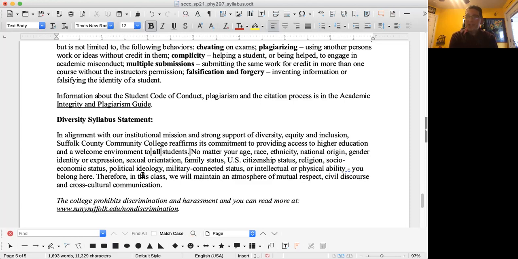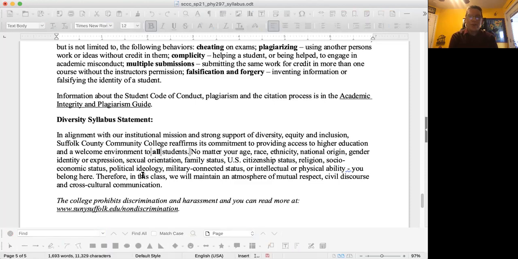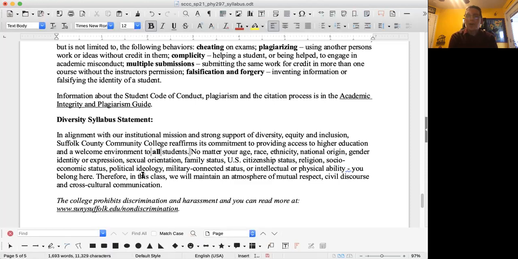It's important to make sure that you're aware of that information. There are places you can go, people you can contact and people you can talk to about that. The campus and the college have a zero tolerance policy for discrimination and harassment of any sort. And it's important, again, that you're aware that you have options, that you have resources, and that you have a place where you can contact people.